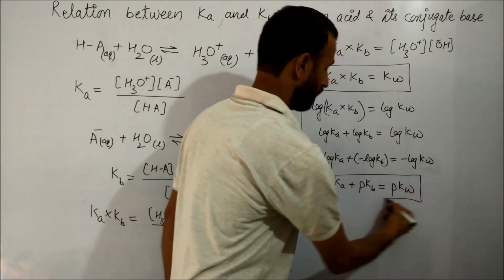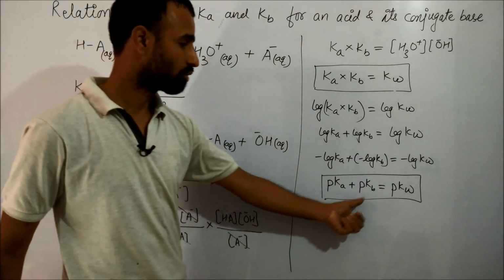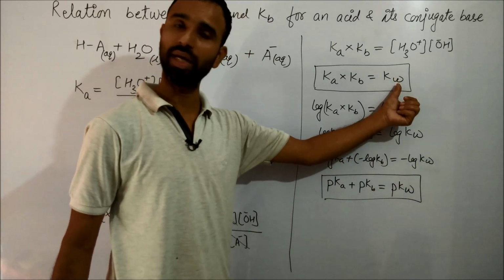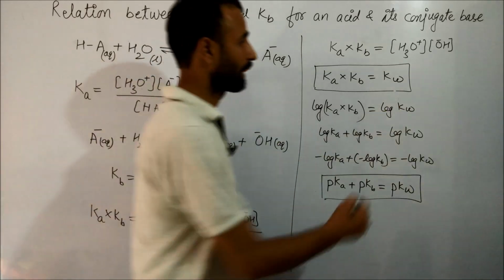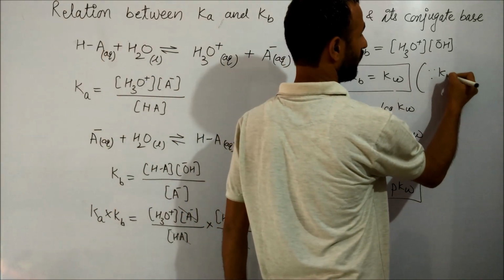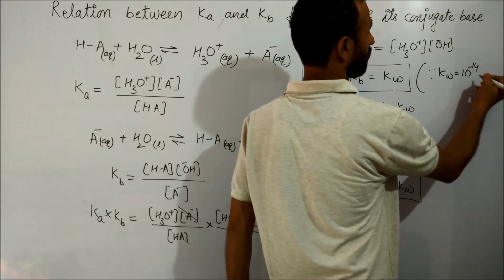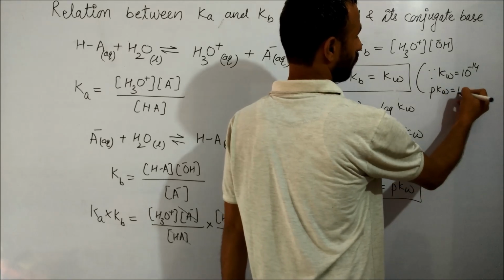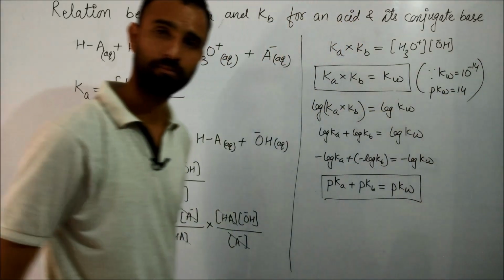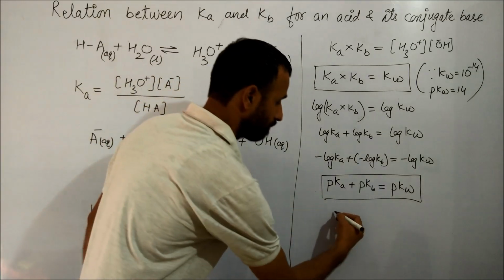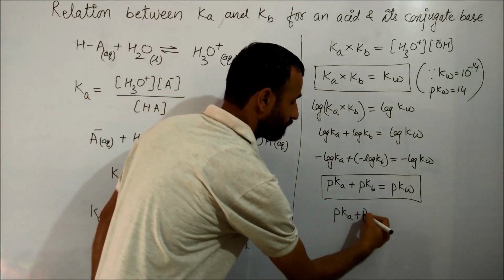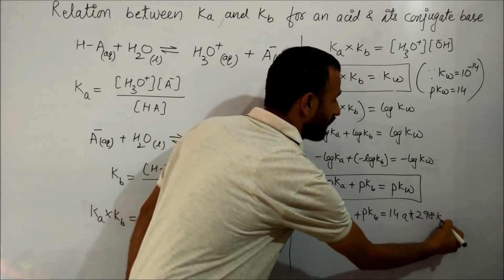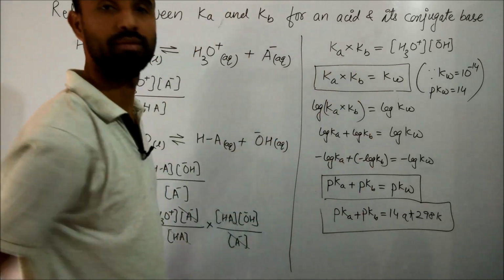So pKa plus pKb is equal to pKw, and because Kw is equal to 10 raised to power minus 14, pKw equals 14. This way pKa plus pKb is equal to 14 at 298 Kelvin.